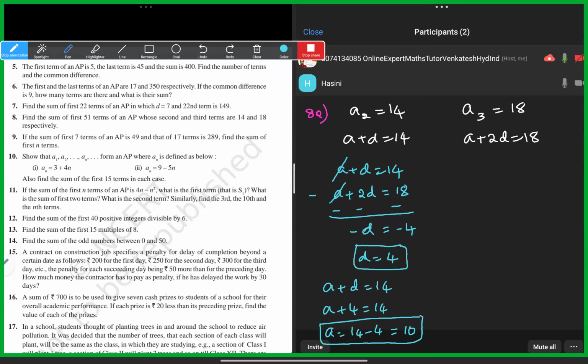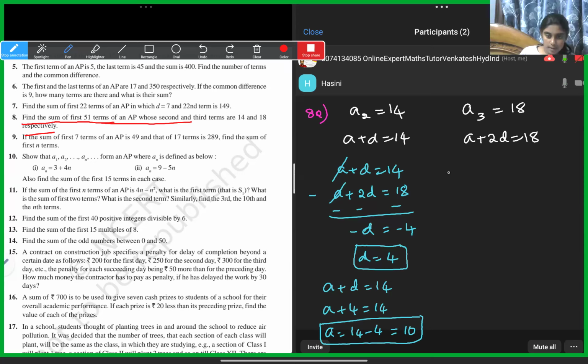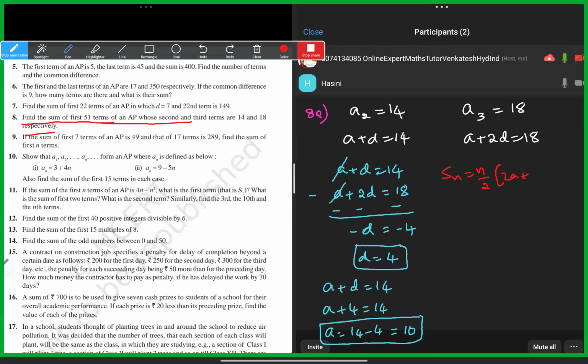So now what they're asking: D we have, A we have, both of them we have. Now what they're asking is to find the sum of 51 terms of the AP. So the Sn formula is n by 2 into 2a plus n minus 1 into d.